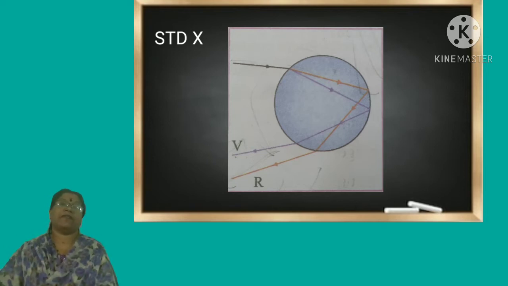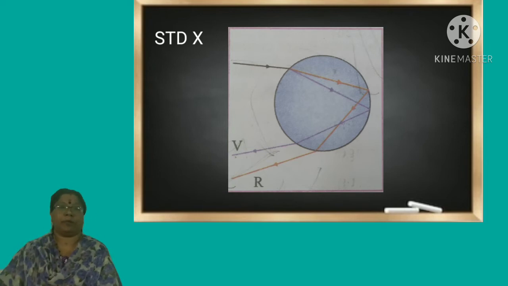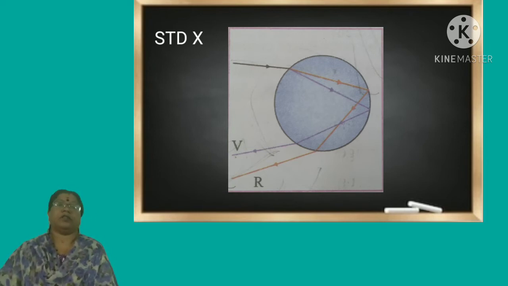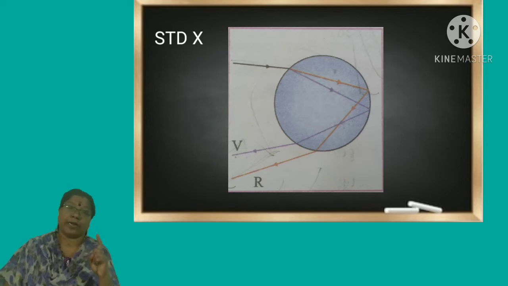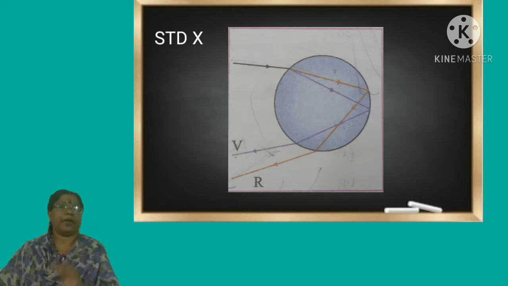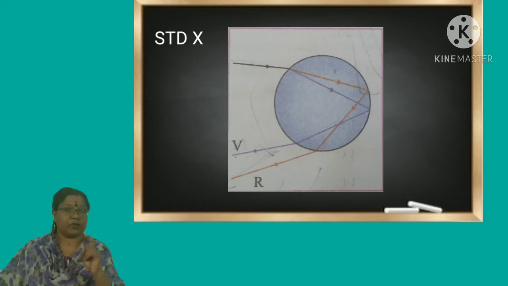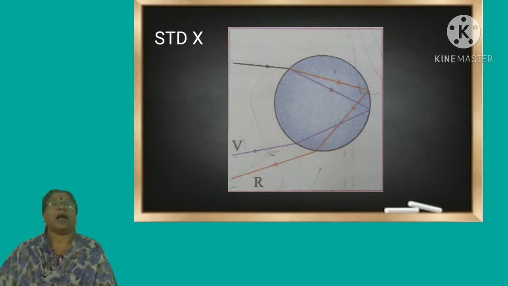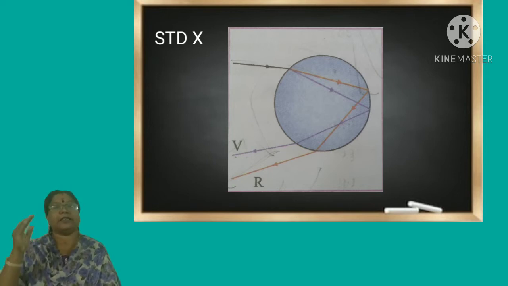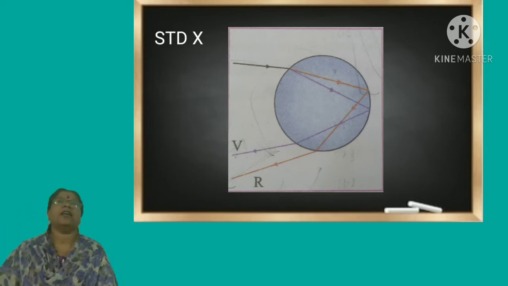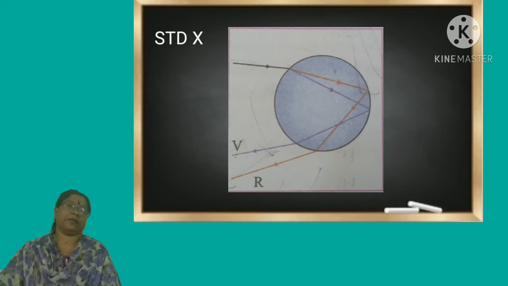A picture is given there, considering the rainbow formation in one water droplet. A ray of light enters into the water droplet. When a ray of light enters into the water droplet, it undergoes refraction one time, because the medium changes from air to water. After that the ray of light is reflected inside the water droplet 2 times.